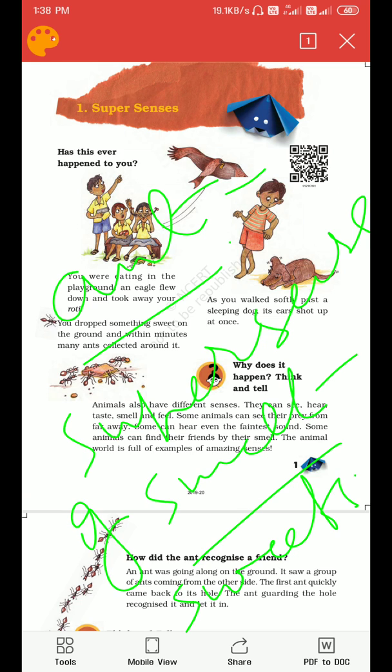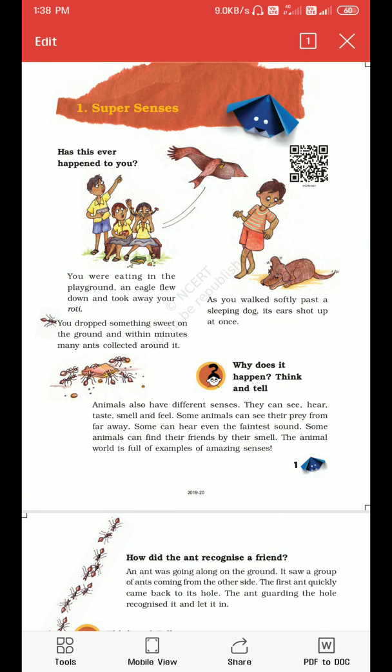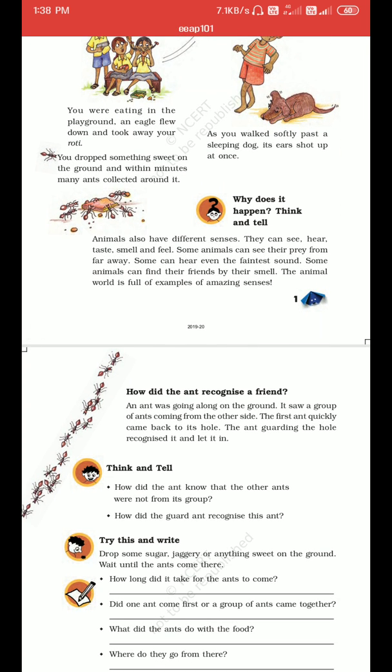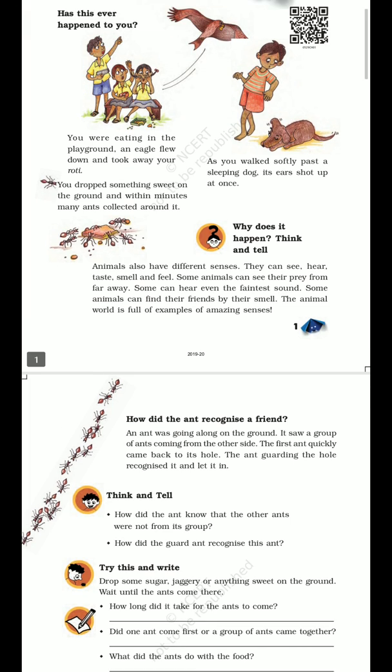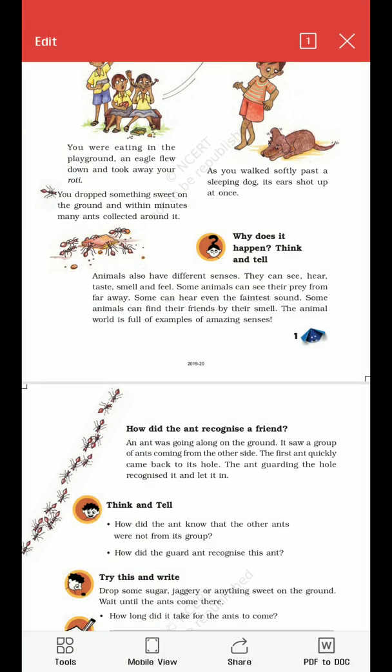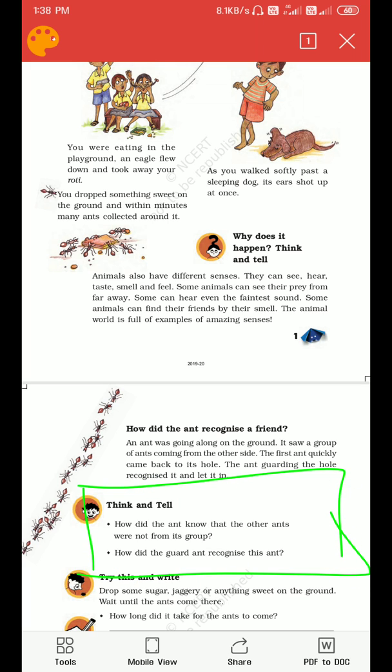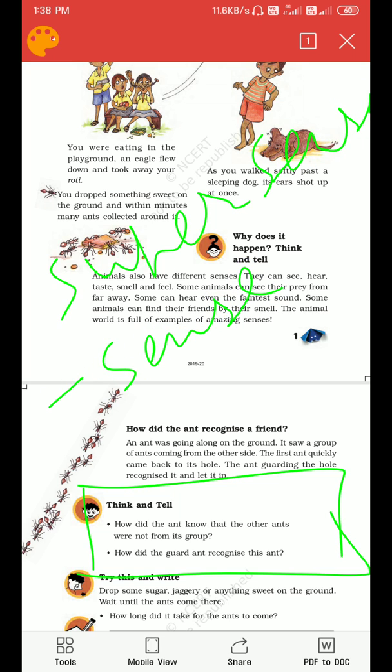Okay, so students, there are some activities given in your book asking, how did the ant know that other ants were not from its group? See, students, ant has another special super sense that is called the sense of communication.